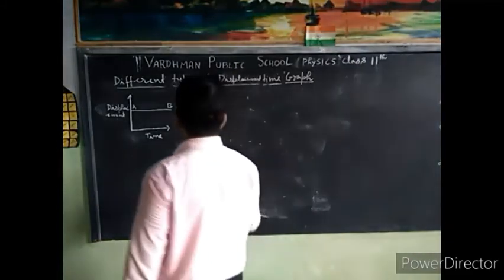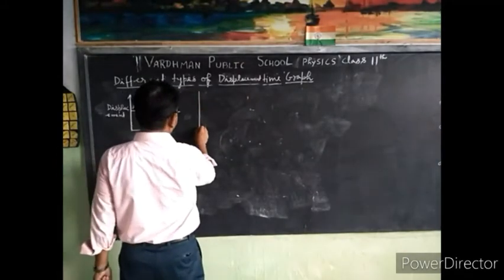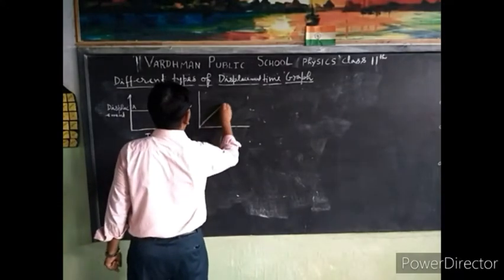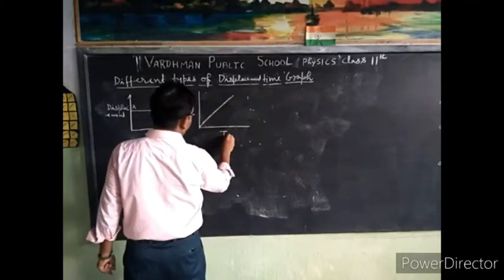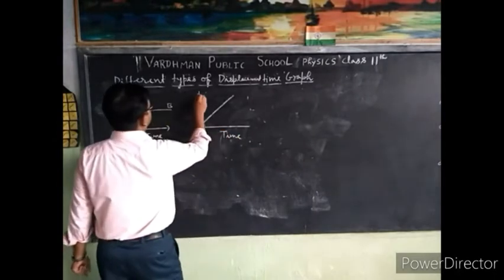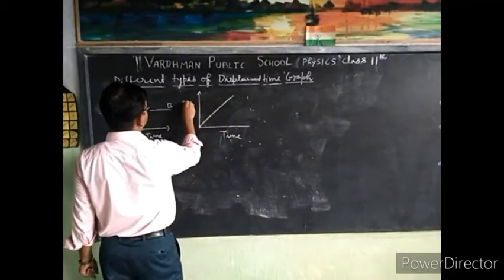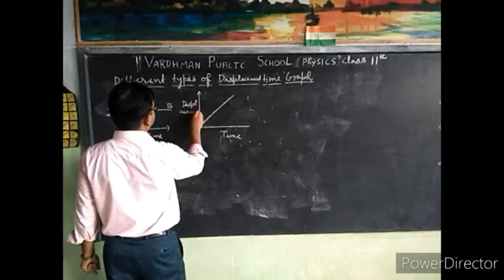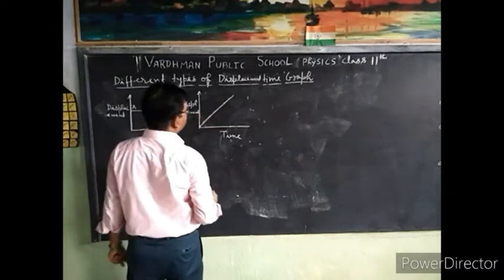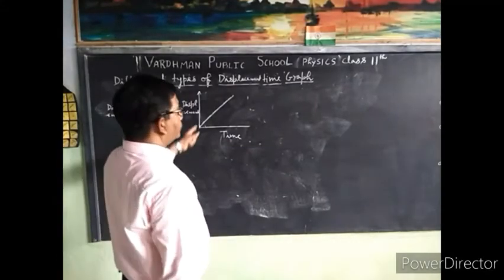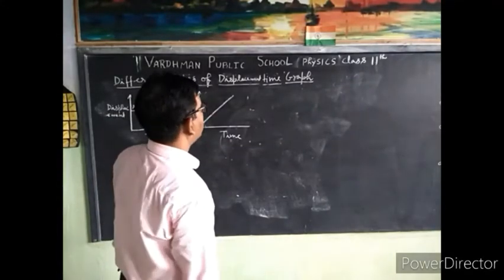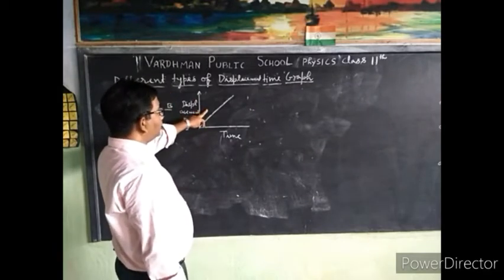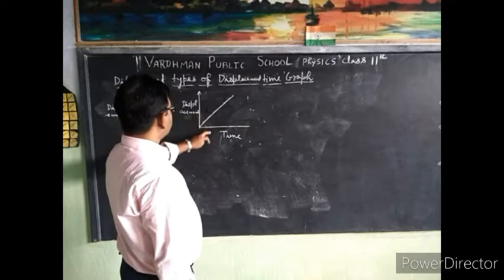Now the second graph, we draw between displacement and time. Time is taken along the x-axis and displacement is taken along the y-axis. This graph shows a body moving with a uniform velocity.